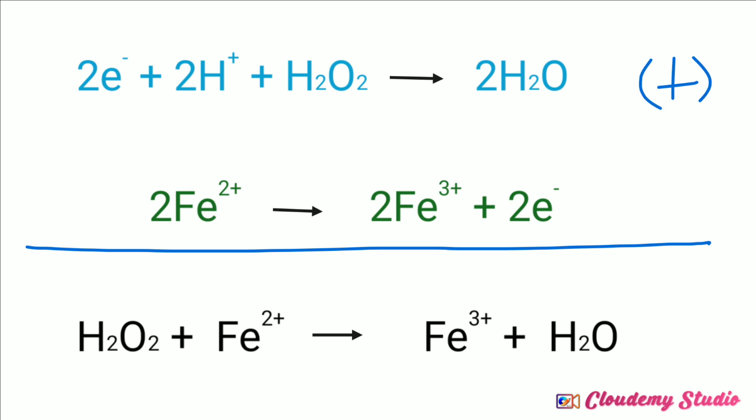So while we are adding, what is the rule? The same substance on the opposite side needs to be cancelled. So when we check that, 2 electrons are present on the first equation on the left hand side and 2 electrons present on the right hand side of the second equation. So these will be cancelled. Any other substance, same substance present on the opposite sides?